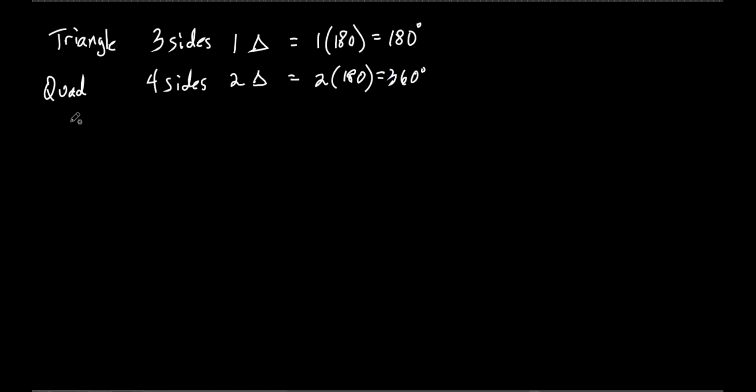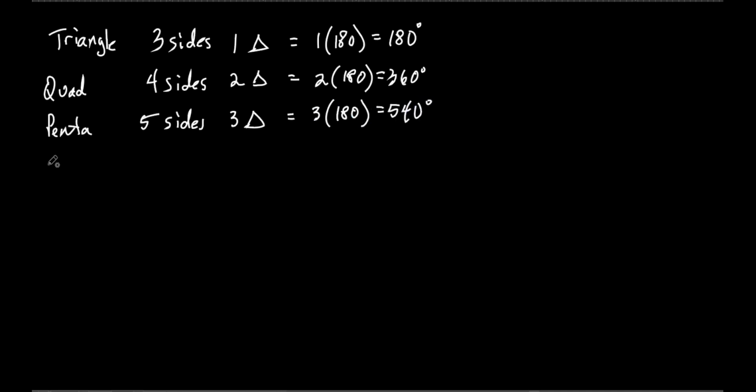All right. And now, a pentagon. A pentagon has what? 5 sides. And how many triangles do I have? 3 triangles. I'm just starting to see a pattern here. Let's see if it works on the next one. So how many triangles? That's 3 times what? 180, and that's 540.